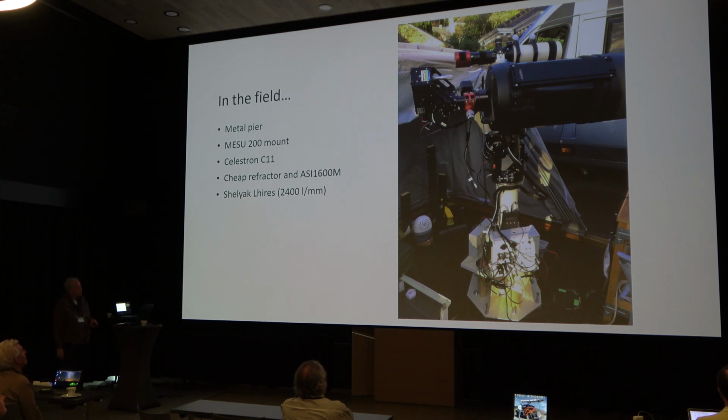There's a Mesu 200 mount, which is a nice mount. It hasn't got any gears in. It's friction drive, no backlash. Slung on the C11, I've got a cheap refractor sitting on top there with a ZWO camera that I use to find stars and occasionally do photometry. I haven't got any photometry data with this study, but I sometimes do concurrent photometry with the spectroscopy.